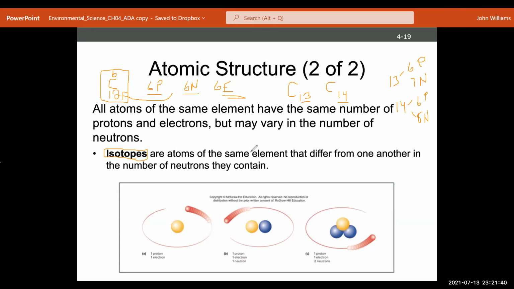And one interesting thing, this is a side note, you won't be tested on this: atoms that have more neutrons are heavier, so they actually move slower and accumulate slower into, say, animal tissues versus carbon-12.